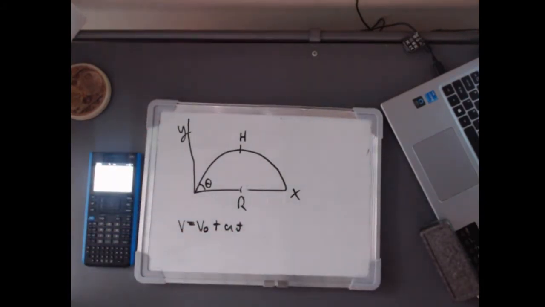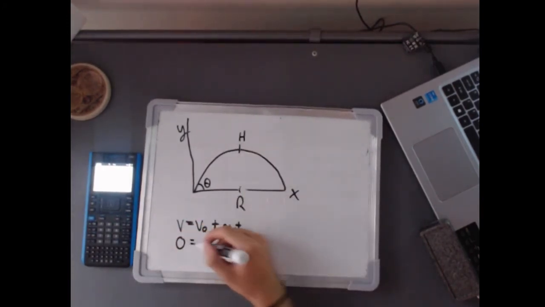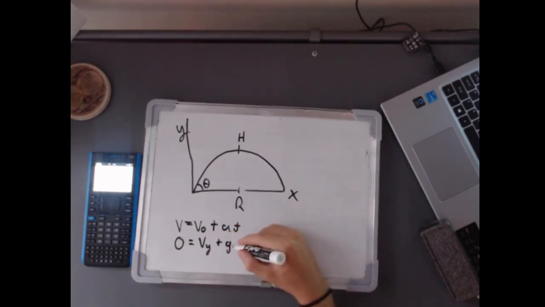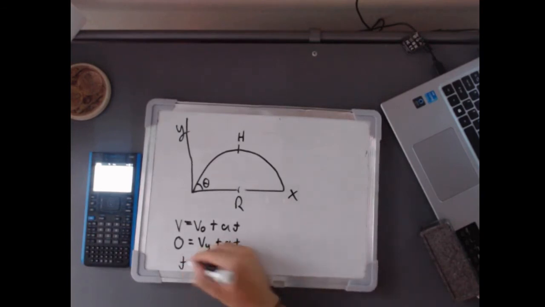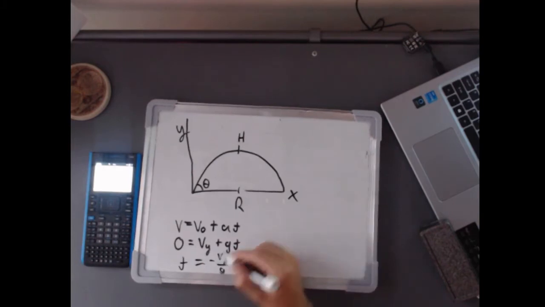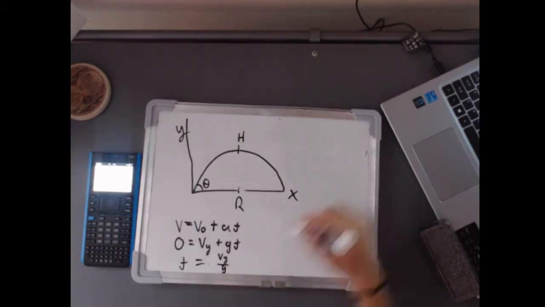We have 0 for ending motion is equal to vy plus gt. Or you could just rearrange this: t is equal to negative vy over g. We're going to erase that negative sign because time can't be negative, and negative time is no bueno.